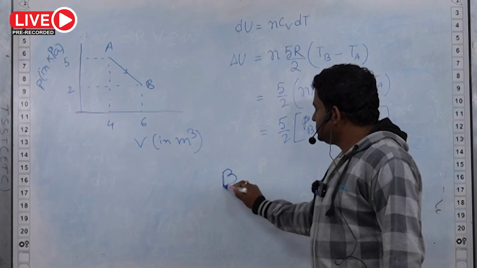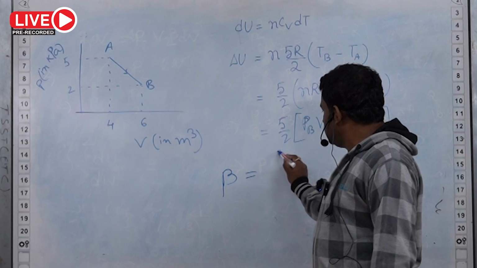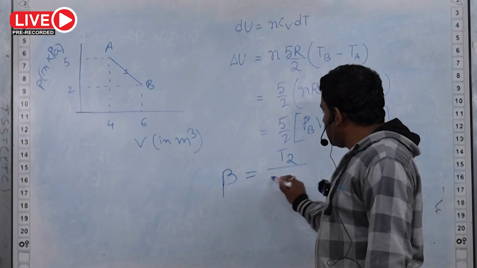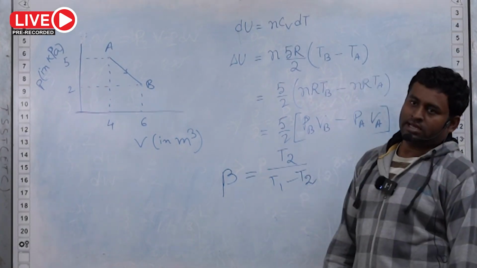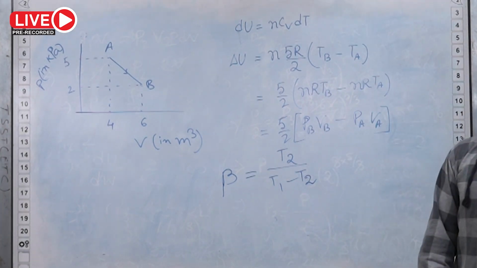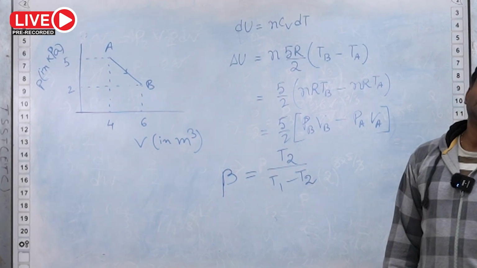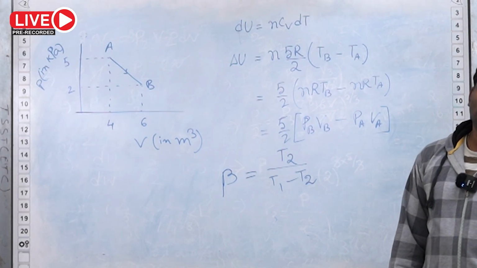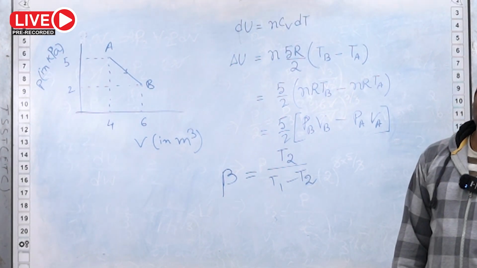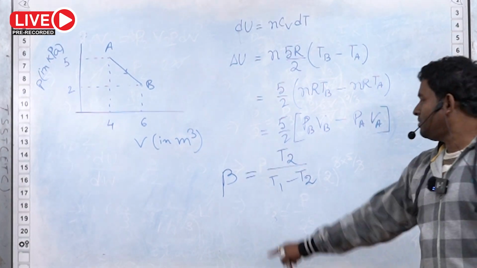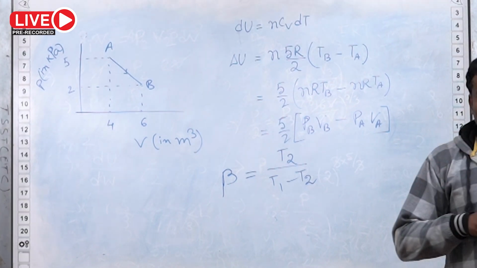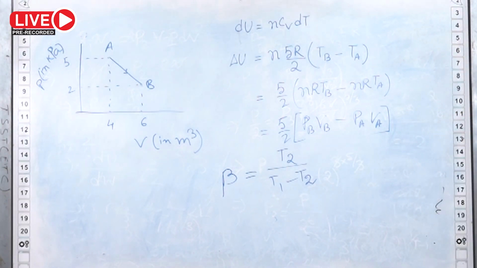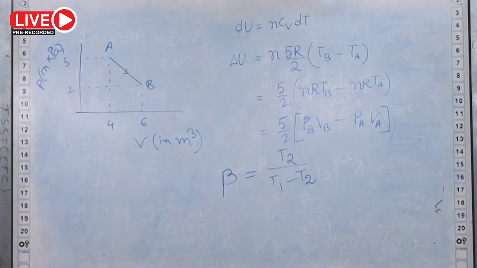Coefficient of performance of the refrigerator beta equal to T2 by T1 minus T2, where T2 is the temperature of the freezer, that is minus 13 degrees Celsius. Beta is given as 5, and you have to find the value of T1.